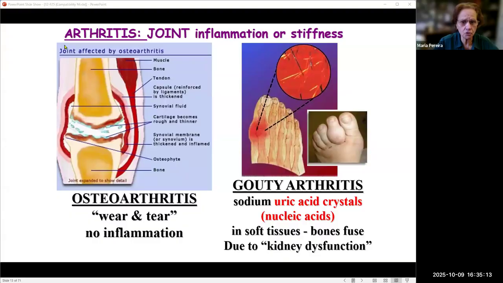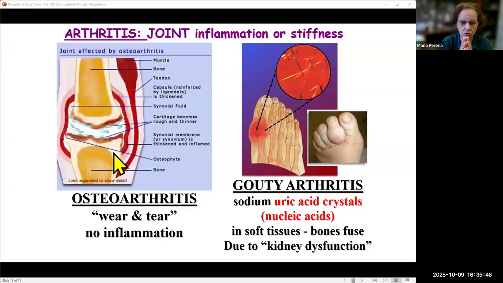Okay, now we move on to arthritis. We were just talking about how the articular cartilage can be subjected to wear and tear. If there's no inflammation and the articular cartilage is damaged just because of the rubbing of the bones, like overusing, exercises and weightlifting and so on, this has an effect.